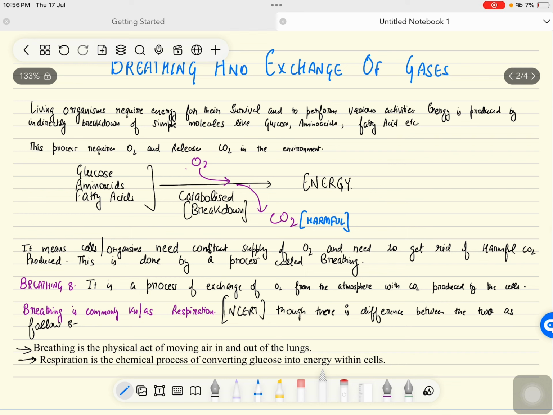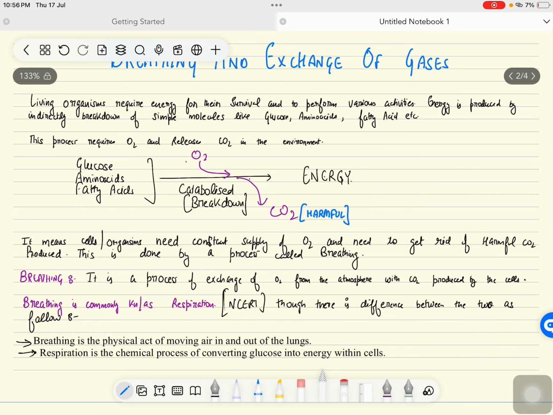So we can summarize it as follows: glucose, amino acids and fatty acids are catabolized into simpler substances. This process releases energy. In this process, oxygen is utilized and CO2, which is harmful for our body or any organism, is released into the environment.